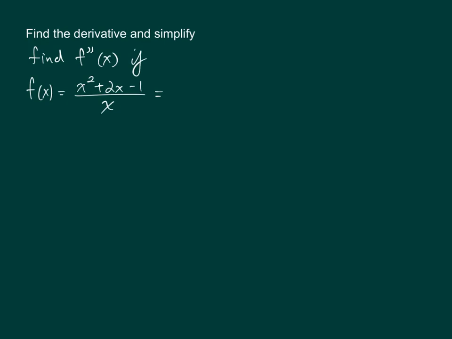Otherwise, if you're comfortable with using the quotient rule twice and simplifying twice, please go ahead and do that. I will not do that. I am going to choose to split it apart.